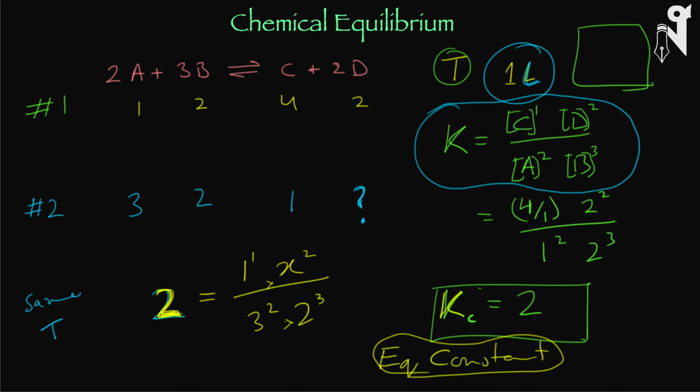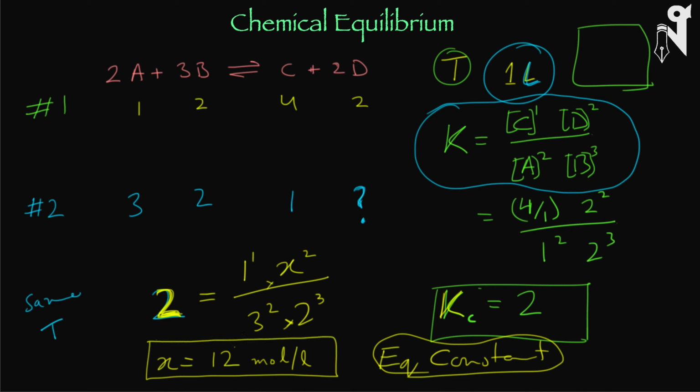You can easily cross multiply and get the answer. So in this particular case, the answer would be x is equal to, you have 2 square into 3, which is 12. So x is going to be 12 moles or 12 moles per liter. So that's your answer.